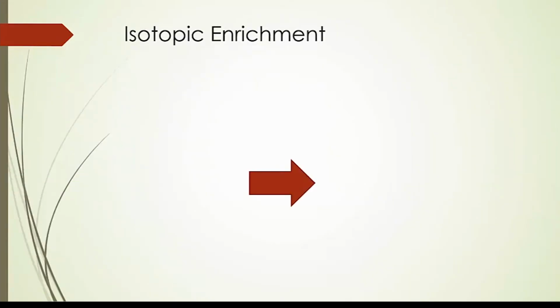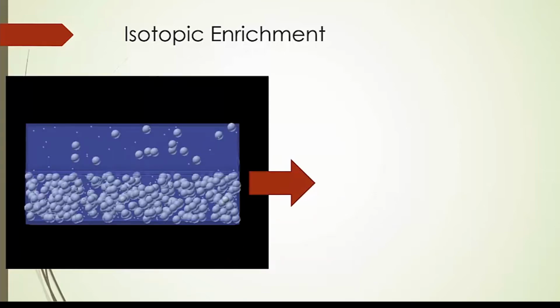Now let's talk about one specific use of effusion for isotopic enrichment. In chemistry, isotopes, or atoms with the same number of protons and electrons, but a different number of neutrons, can be very difficult to separate. They can't be separated out chemically, but they have to be separated based somehow on mass. And there's a few ways of doing this, but one of them takes advantage of effusion.